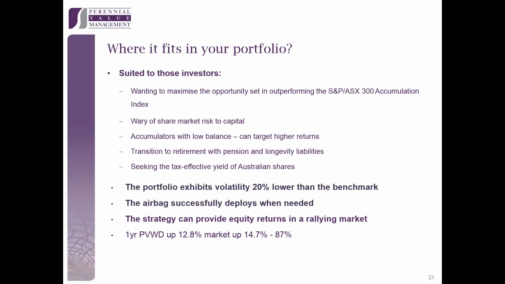So ideally what you'll have is the ability to participate in the last piece of the rallying market in a lower volatile way, but also be able to have some protection when markets fall, which invariably they do.